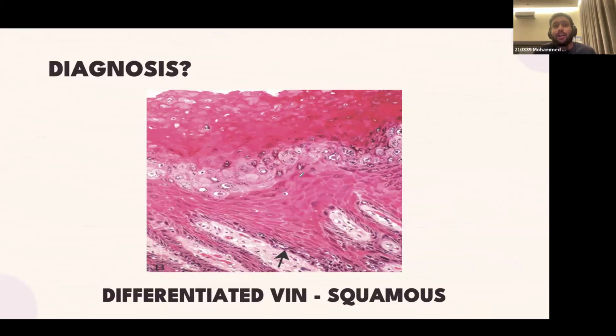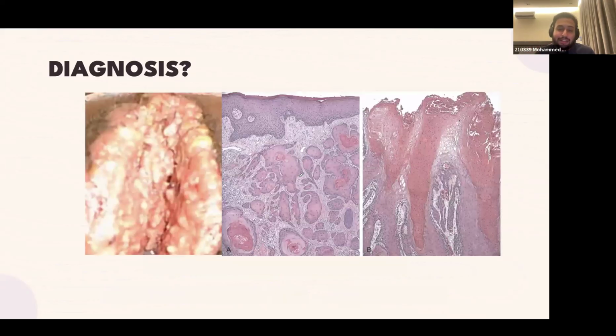Now, the squamous cell variant, is this HPV related? Yes or no? No, it is not. It's related to lichen sclerosus and lichen simplex chronicus. It leads to the squamous variant, which then leads to this.